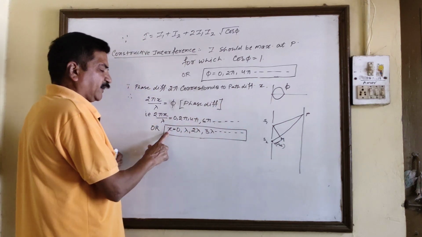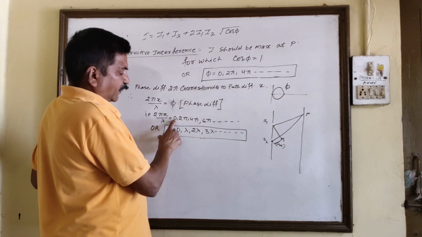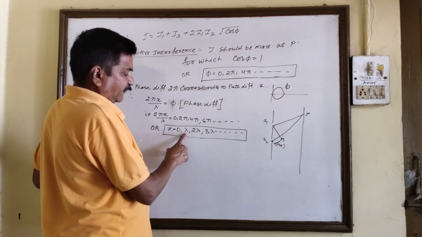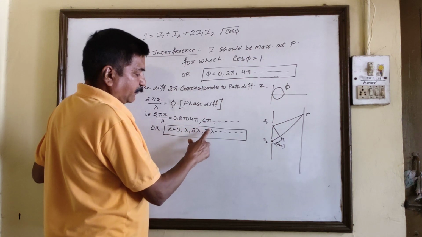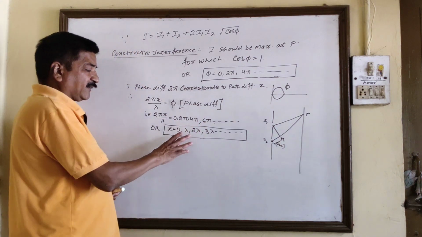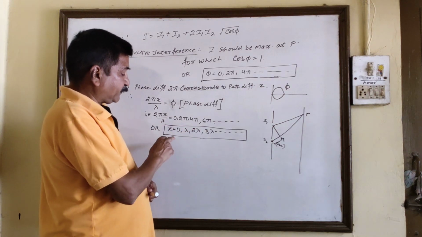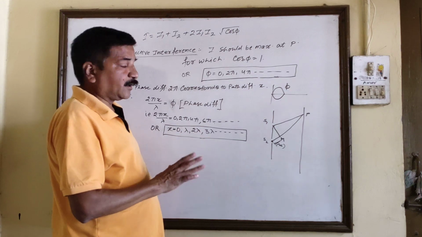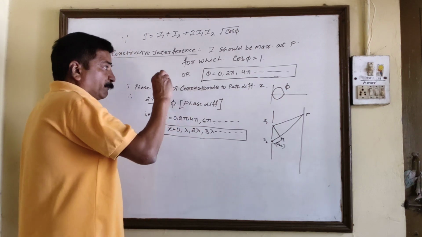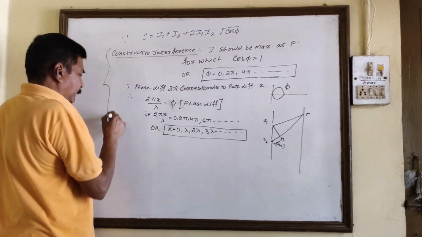So when you calculate the value of x, for the first term it will be 0, second term it will be lambda, third term it will be 2 lambda, fourth term it will be 3 lambda. So you can say that the path difference between the two waves should be an integral multiple of wavelength, or lambda.